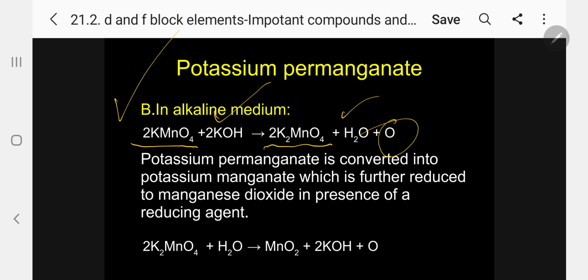Potassium permanganate is converted into potassium manganate, which is further reduced to manganese dioxide in presence of a reducing agent. Kindly follow: K2MnO4, potassium manganate, in neutral medium is again converted into MnO2 plus KOH, and finally again atomic oxygen. So the final products are only MnO2, KOH, water and atomic oxygen.